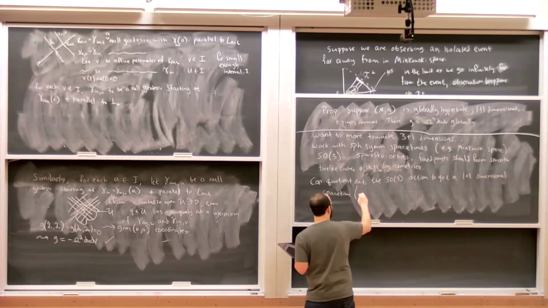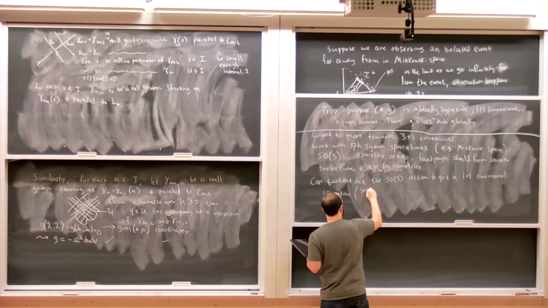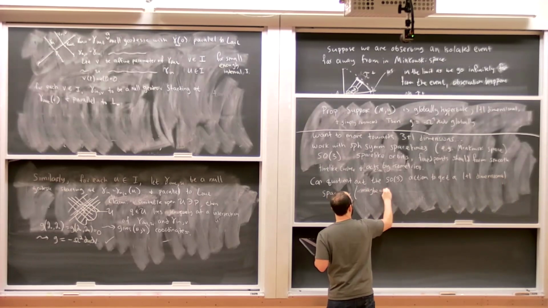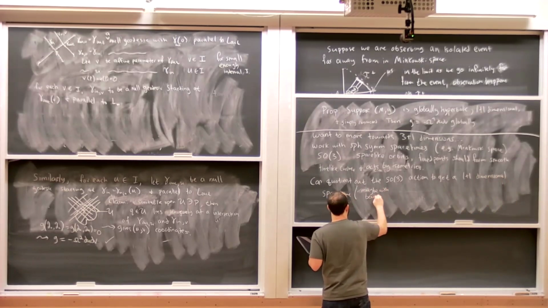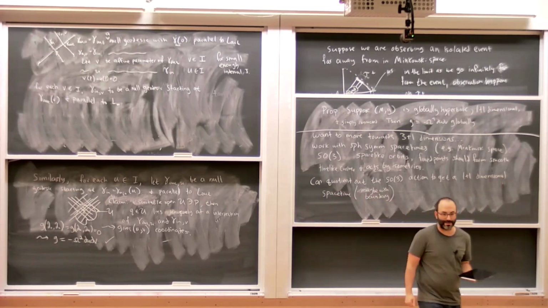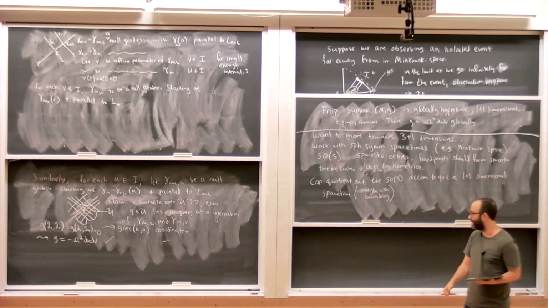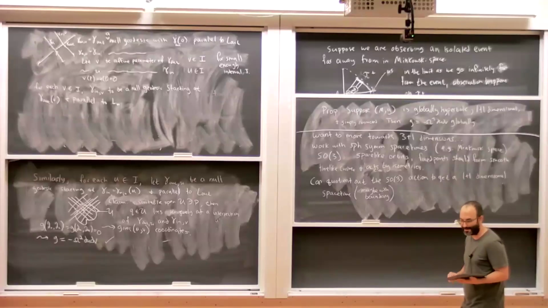Of course, what's annoying, this might have boundary. That's because of the fixed points, right? Like in Minkowski space, you have that r equals 0. So that's a little annoying, but you have to deal with that.